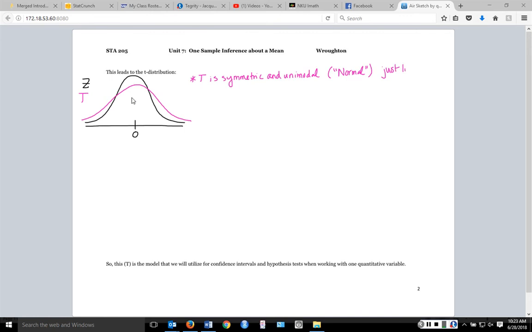Just like Z. So the shape of the T looks a lot like the shape of the Z. T is centered at 0. Just like Z.